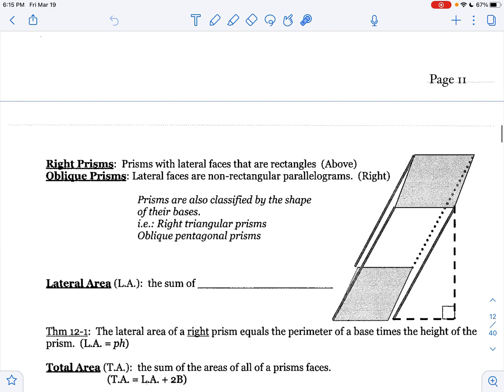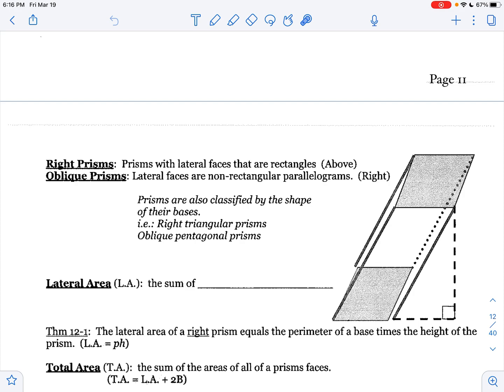With an oblique prism, what you notice is that the lateral face, this is the side closest to us, is instead a parallelogram. And so that's defined right here. We don't really focus on this in these types of scenarios.